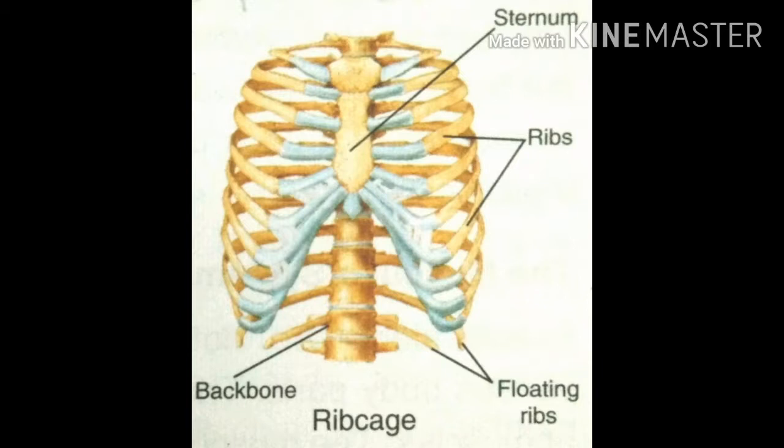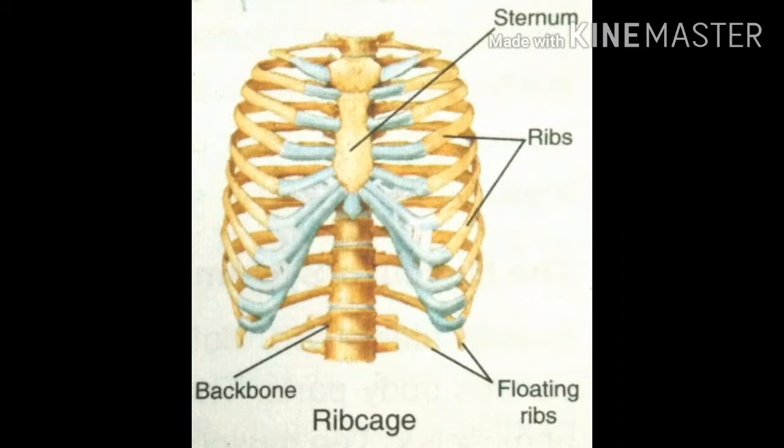24 bones, 12 pairs of bones, are present in the rib cage. They make a cage-like structure called the rib cage. This rib cage protects the heart and lungs.